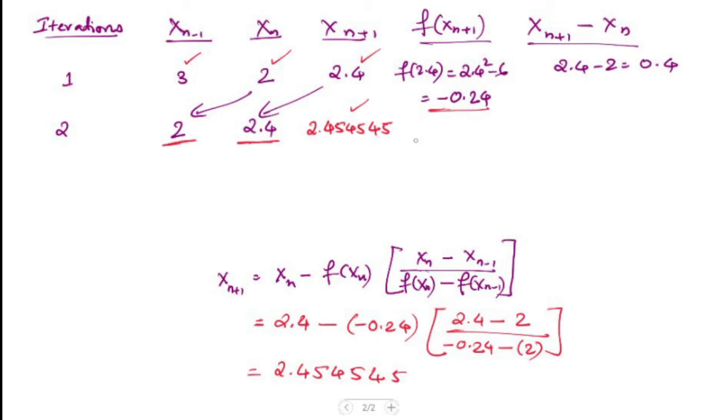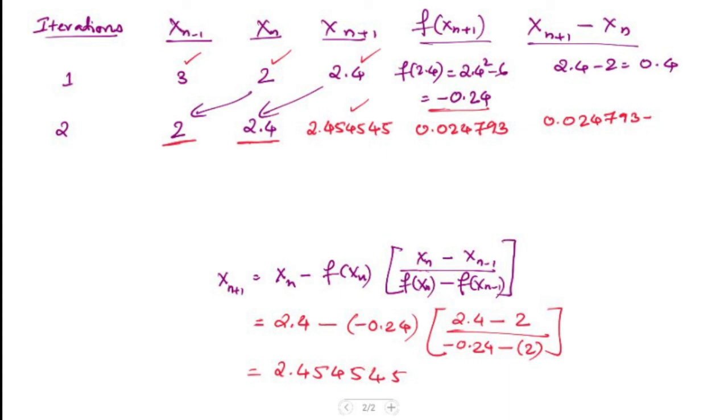Putting this value in the function gives us 0.024793. Then for the difference, I think I'm subtracting the wrong values here.